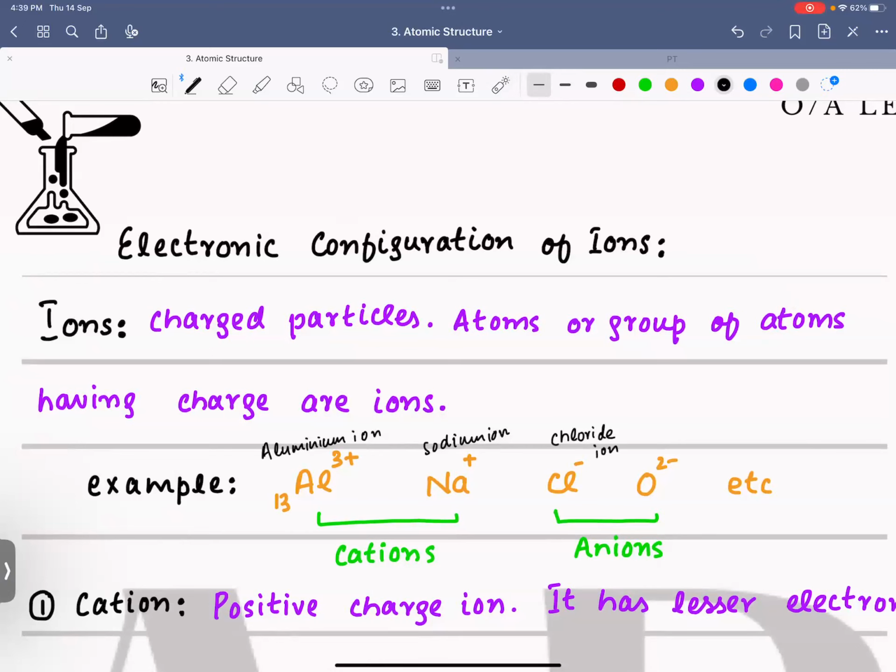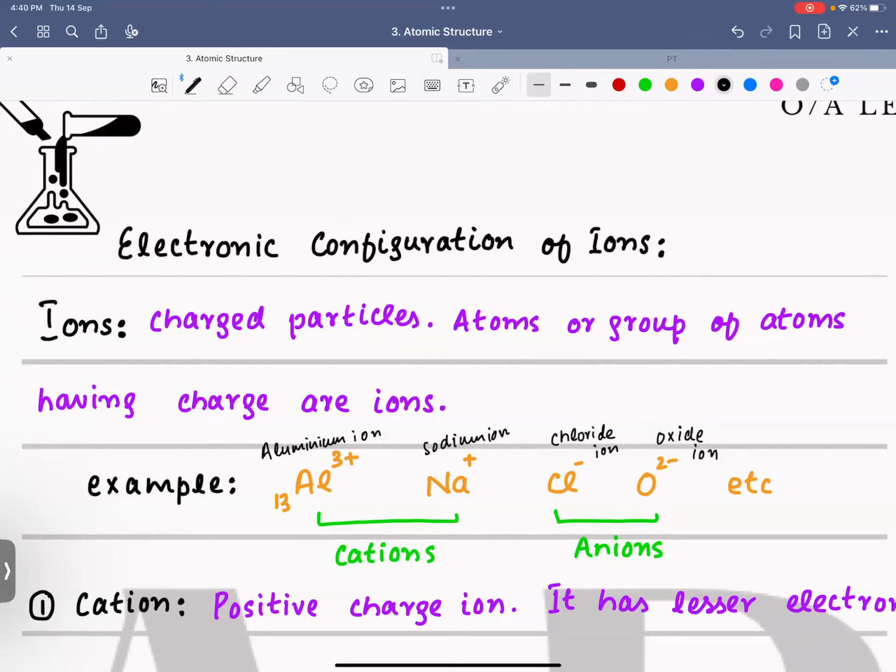Now what are we going to call the next one? Oxide ion. See, if you recall the name of a compound like carbon dioxide, why are we saying oxide instead of oxygen? It means that the oxygen is in the form of its ion. Is this understandable?